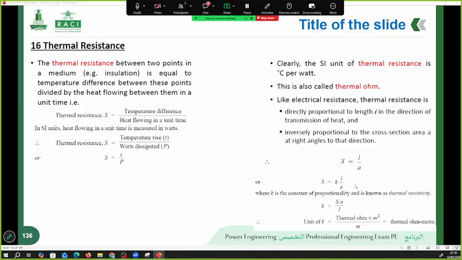Here chi is a constant of proportionality called the thermal resistivity. The unit of thermal resistivity is thermal ohm meter or degree centigrade meter per watt.